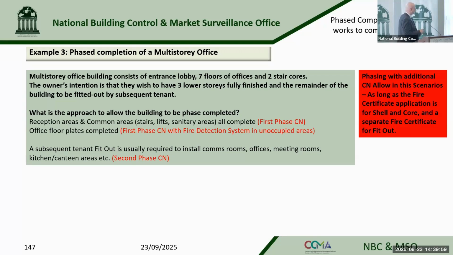The office plates would be completed under the first phase of CN and the fire detection system, and also fire ratings of walls, floors, and apartment walls would be in the unoccupied areas, as we call them. And then subsequent fit out would usually be required to install common rooms, offices, meeting rooms, etc. And that would be under a second phase CN or another CN after that as well, which will cover the works to fit out the areas that weren't included in the fire cert as occupied areas.